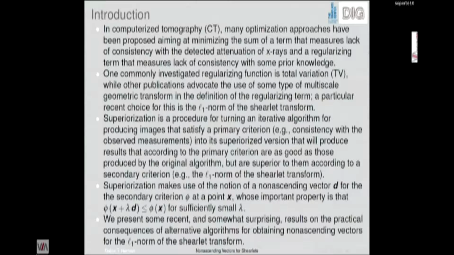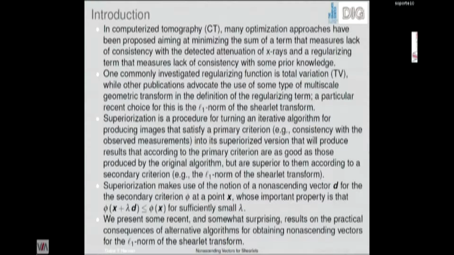And the beauty of this is that this methodology is automatic. Like a machine, you throw into it the feasible algorithm, the algorithm which gives you the feasible answer, you throw into it the function which is your secondary criterion, and this machine will give you a new algorithm which will give you the superiorized version.